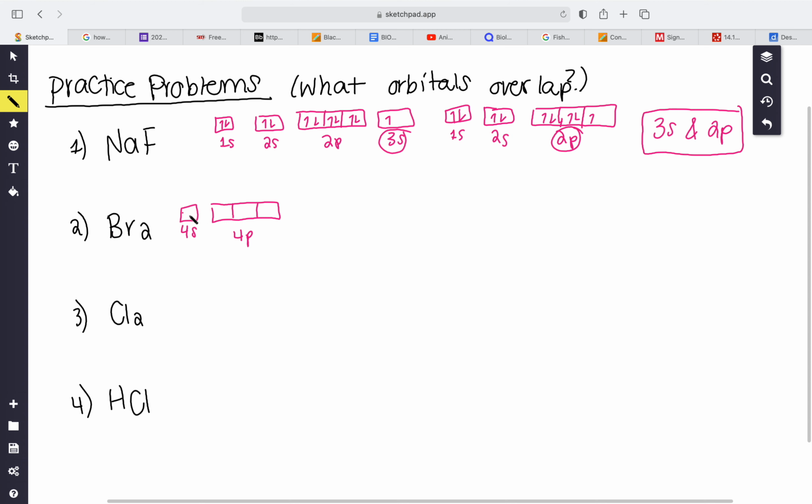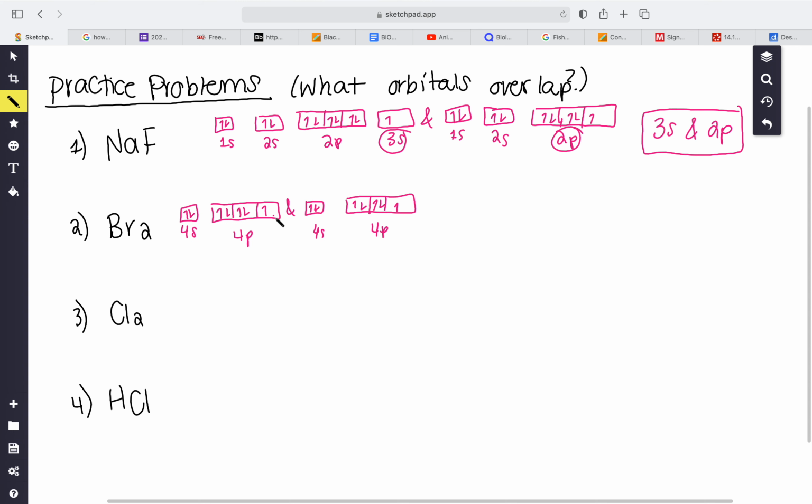So with bromine, it's going to be 1, 2, 3, 4, 5, 6, 7, and there's 2 of them, right? So let's do the same thing, with an and symbol between the two so we know what's separating them. 1, 2, 3, 4, 5, 6, 7. It's going to be our 4p and our 4s.